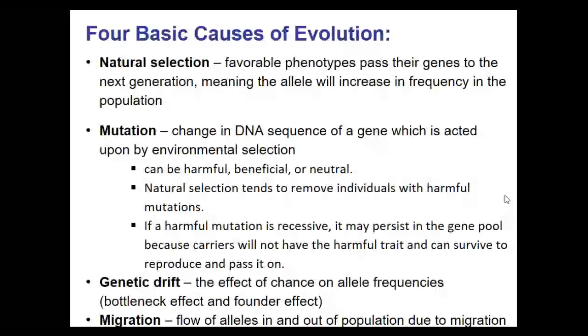Natural selection is the only one that is always adaptive. It always helps the population adapt better to the environment. These others could help or they could hurt, but they're not necessarily adaptive.